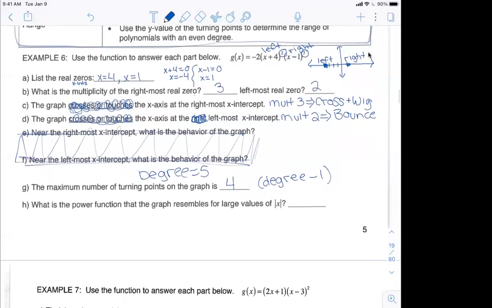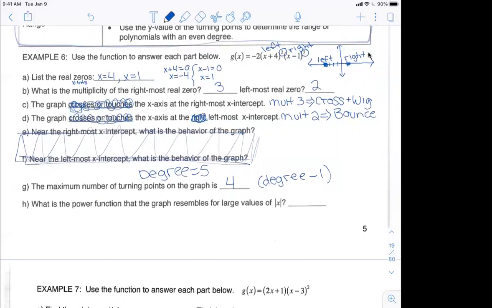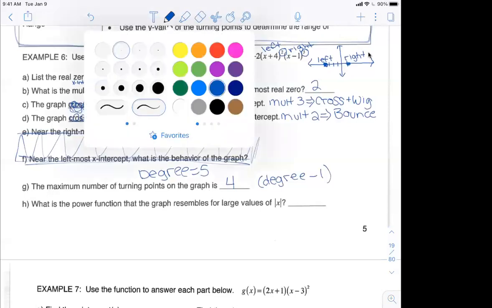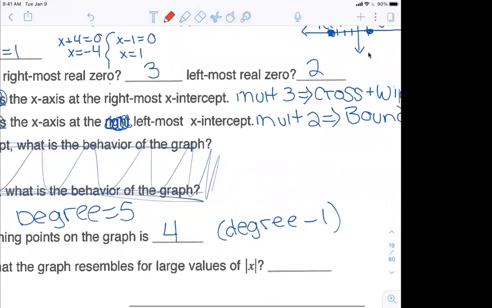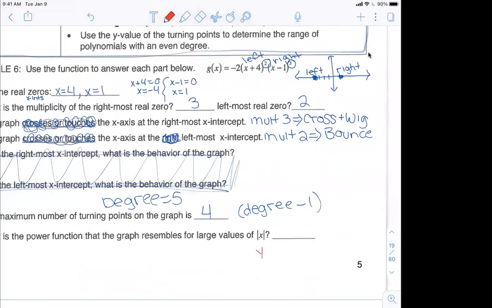What is the power function? The power function is made up of, and we talked about this previously on other pages, your leading term. For this one, if you multiplied this all out, it has to be in standard form. If you multiplied this equation out, which I'm not actually going to do, but if you think about breaking it up, what would happen to the leading terms? You would get a negative 2 from here.